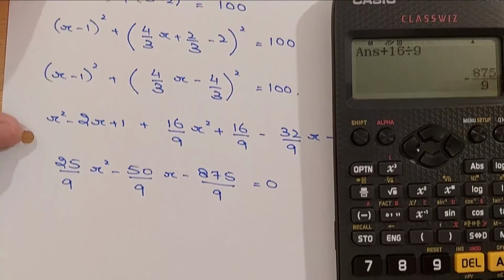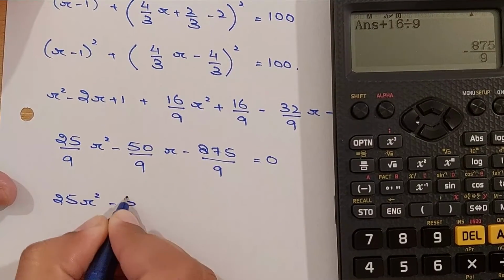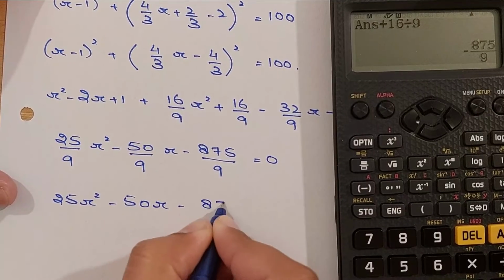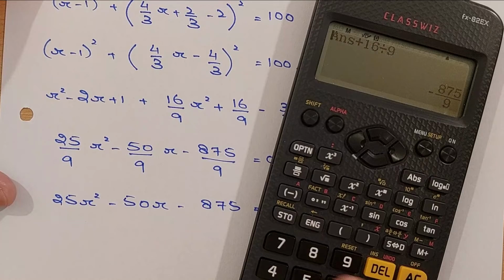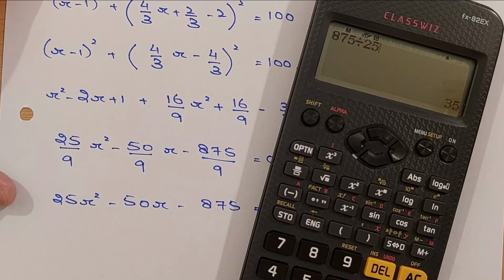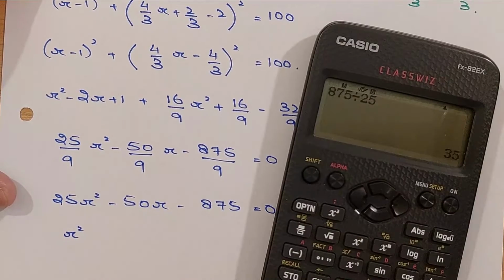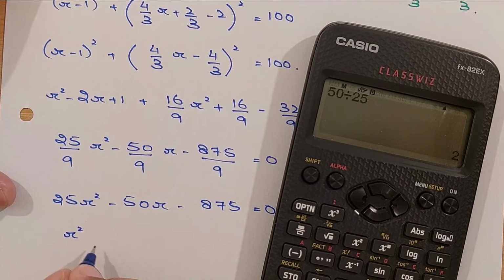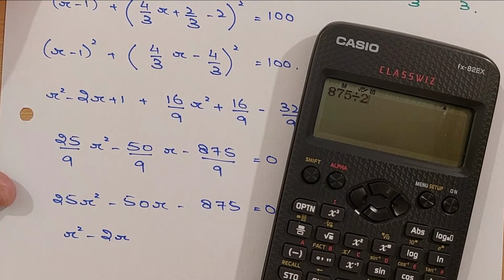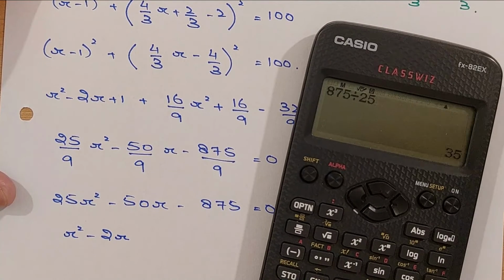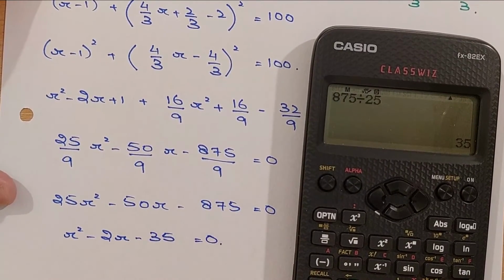Let me multiply throughout the equation by 9. We have 25r square minus 50r minus 875 equals 0. Now we can divide throughout the equation by 25. So we have r square minus 2r minus 35 equals 0.